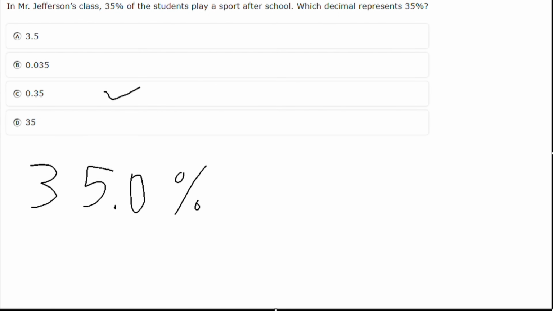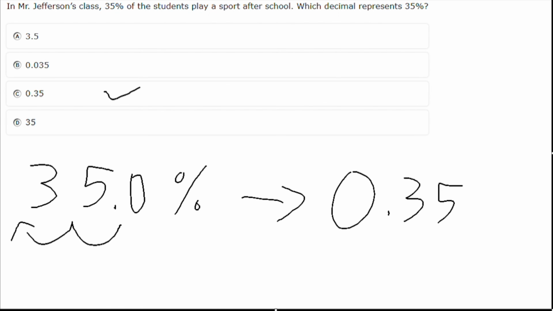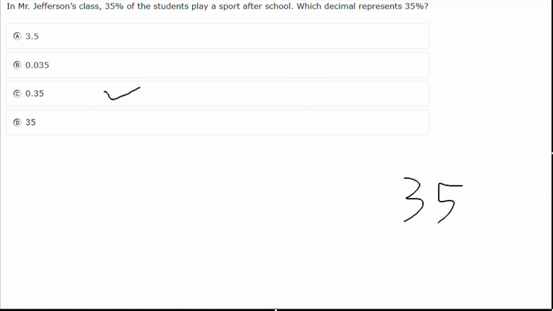If this explanation helps you, you can actually do this whenever you're converting percents to decimals. 35.0%. Here, we're just going to move our decimal 2 places to the left. For some people, this is easier to remember. So it ends up becoming 0.35. So a trick you can do, if you just want to remember one thing, is to convert every single one of your percents into a decimal.